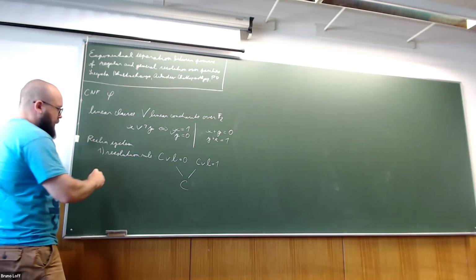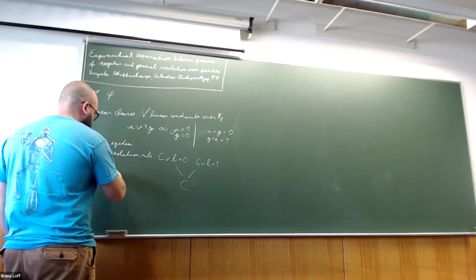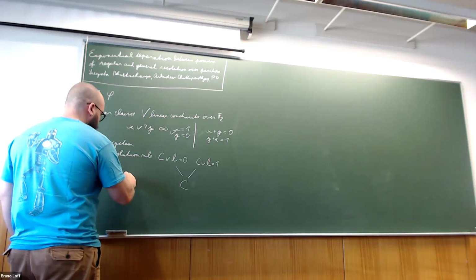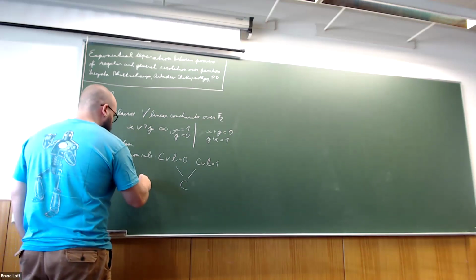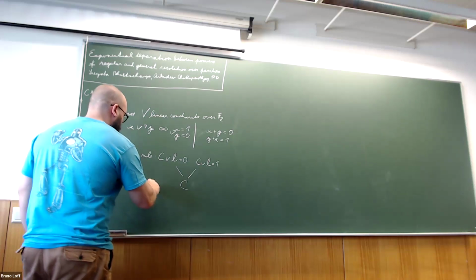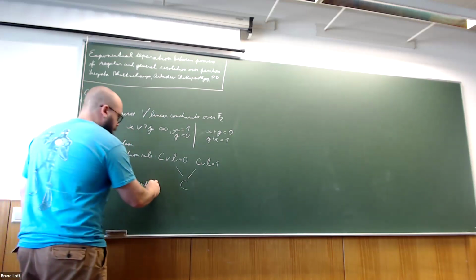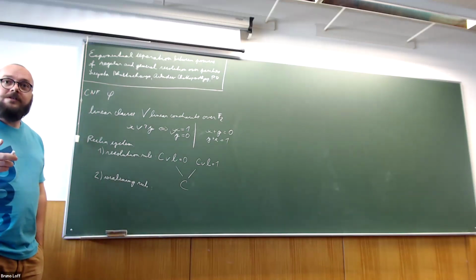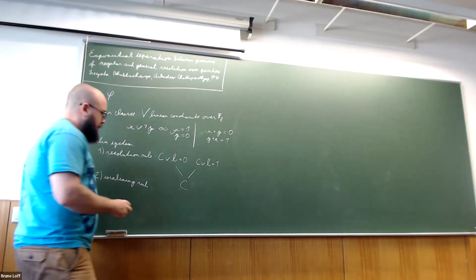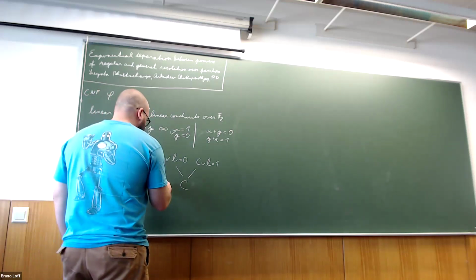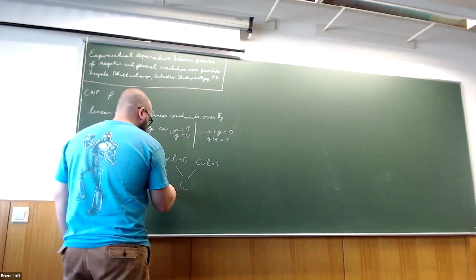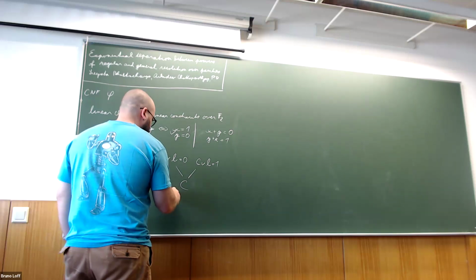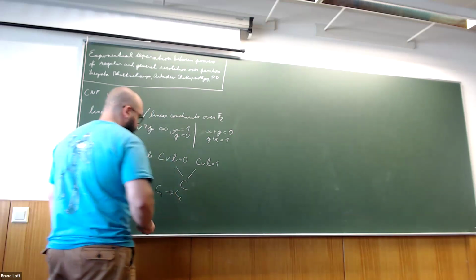The other one is the weakening rule. From some linear clause C1, we derive clause C2.